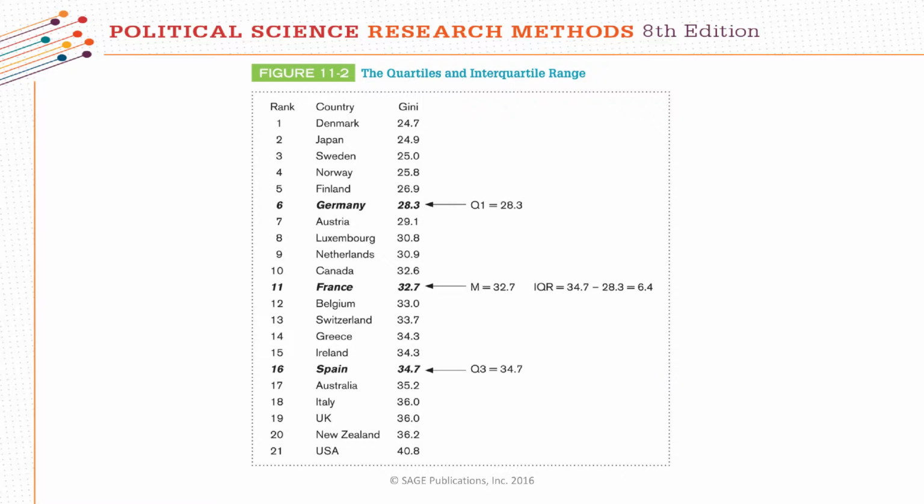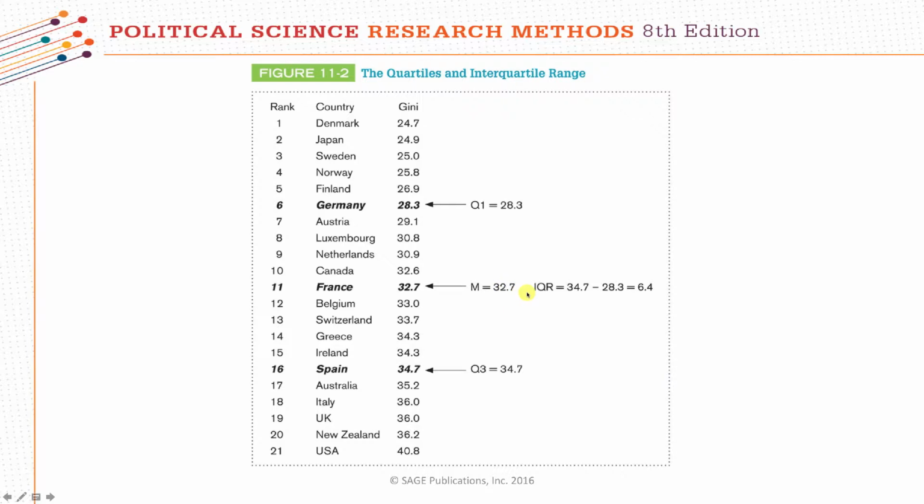And so what we see is that the median Gini coefficient of the data set of states that we have is France at 32.7. So they're the median, and they're right in the middle, the 11th spot of 21 observations.